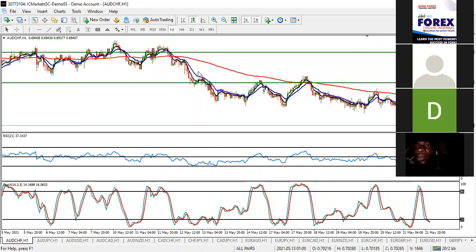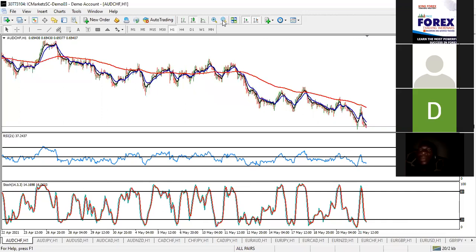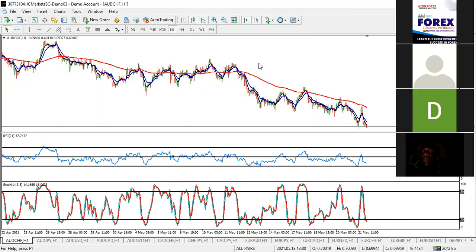So the Fibonacci level is something that's going to be of huge help to us, and it is something we've been using for quite some time. I tell you guys, most especially all our students, that the more you learn, the more you'll be able to make money with this.